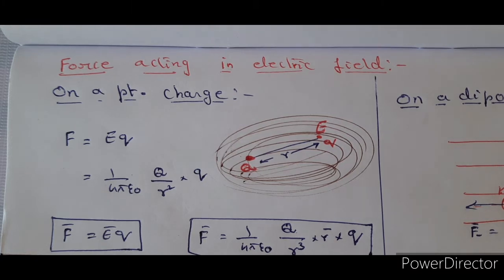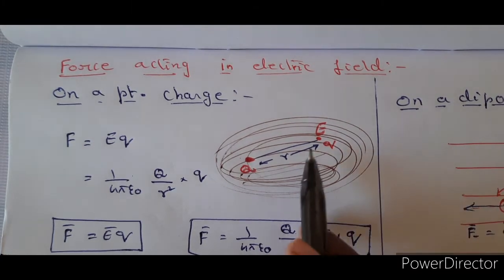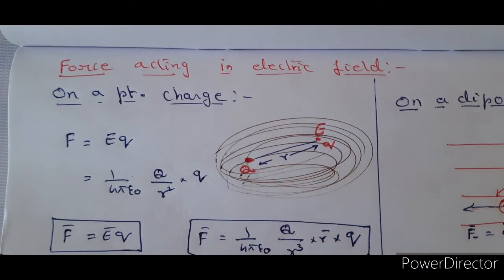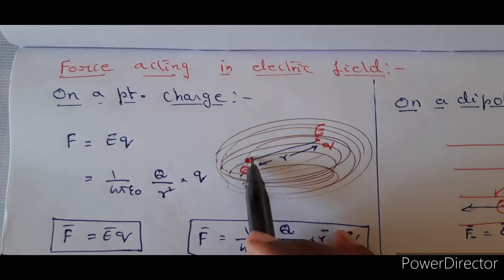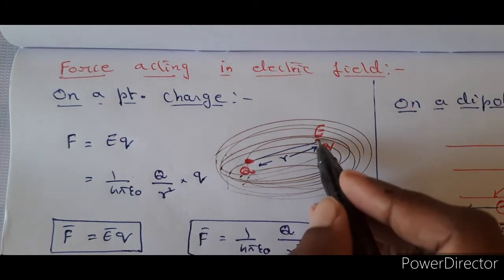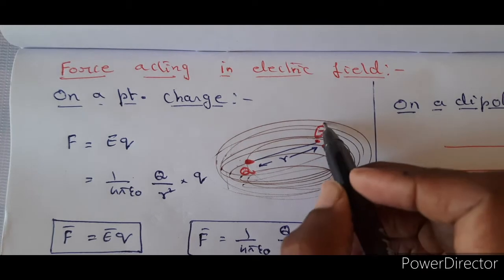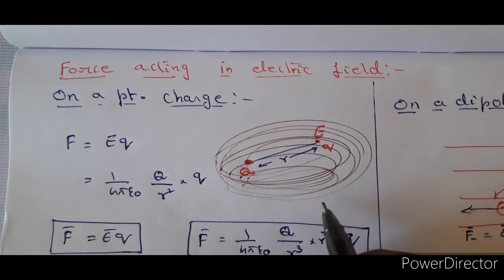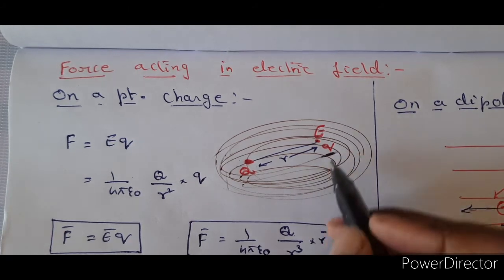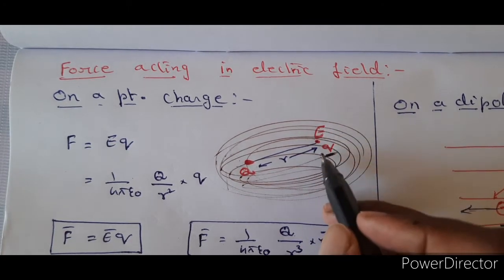Alright, see now, suppose there is a point charge placed in an electric field created by a charge of capital Q. In this electric field, at this point, the electric field strength is E. Imagine you put a small q, which is left free.